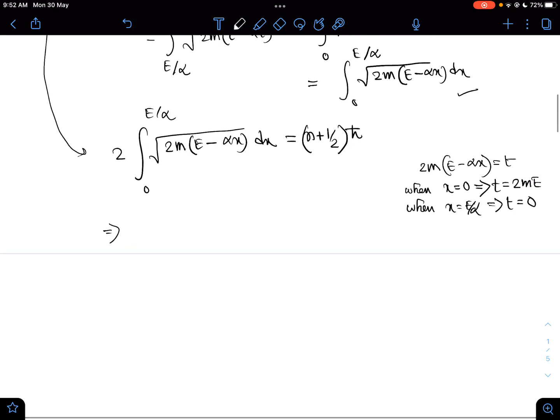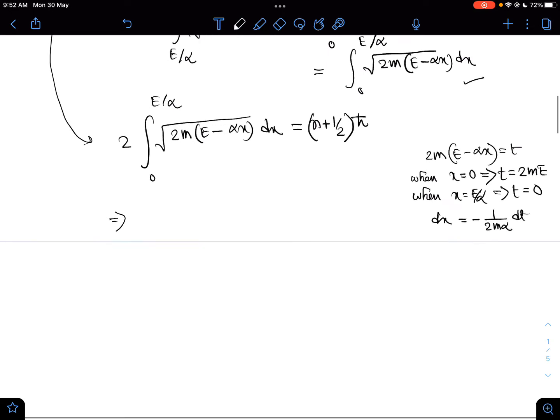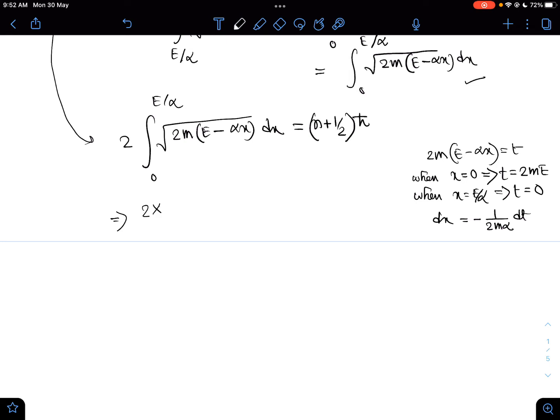And dx can be written as minus 1 by 2m alpha dt. So this we can write as 1 by 2m alpha, and for the minus sign we can interchange the limit. So the limit is 0 to 2mE, and here we have root under t dt. So that is equal to n plus half h cut.